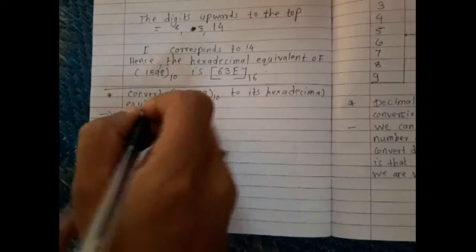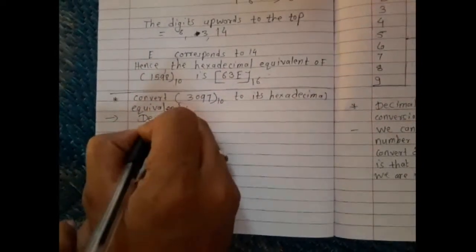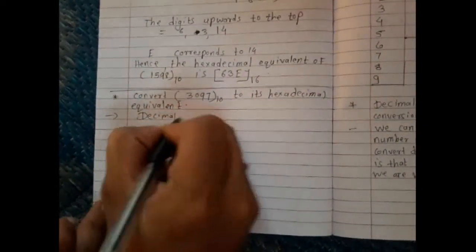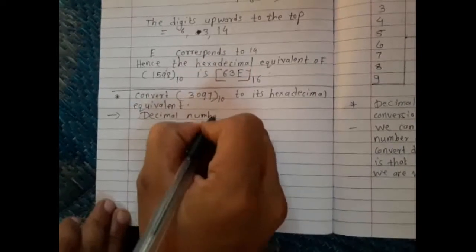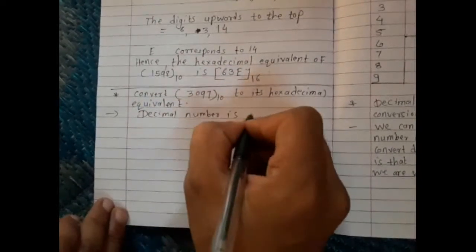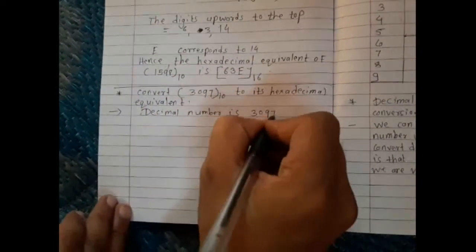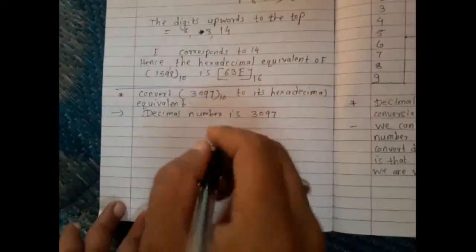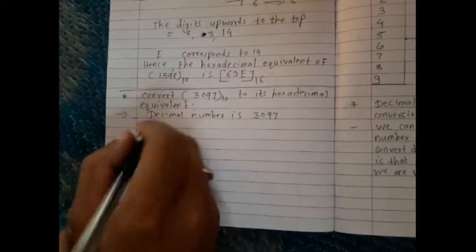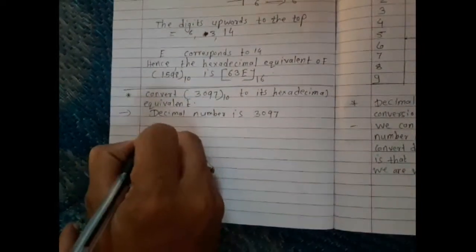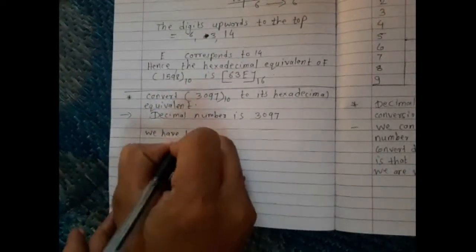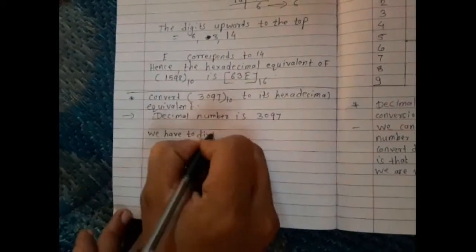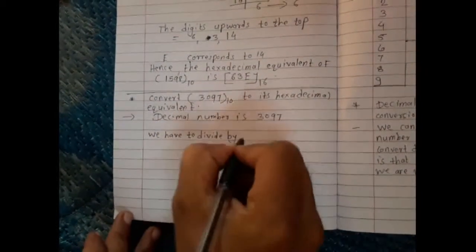Which is our decimal number? Decimal number is 3097. This is our decimal number, and we have to divide by 16.